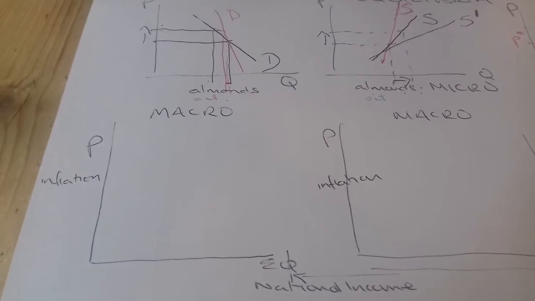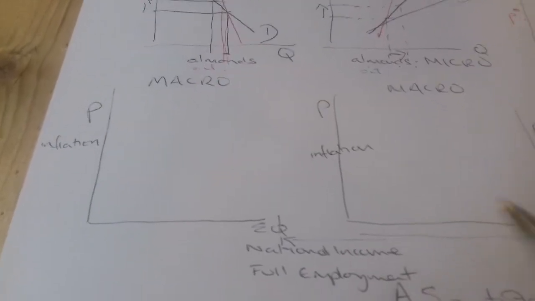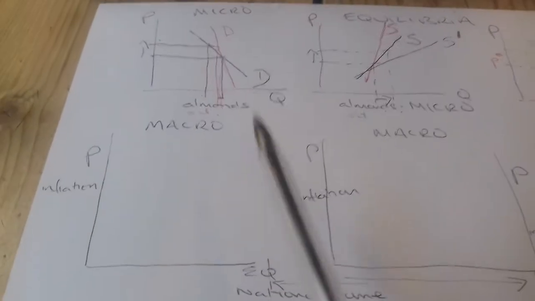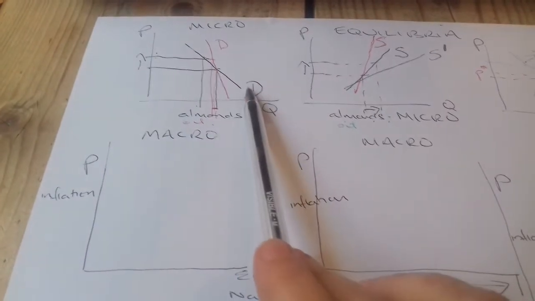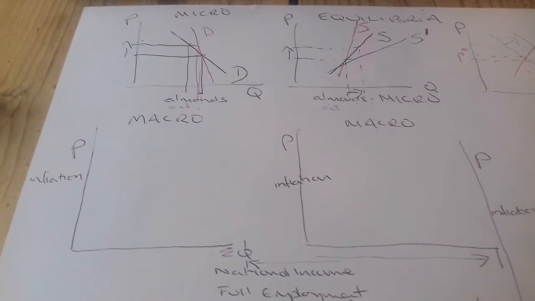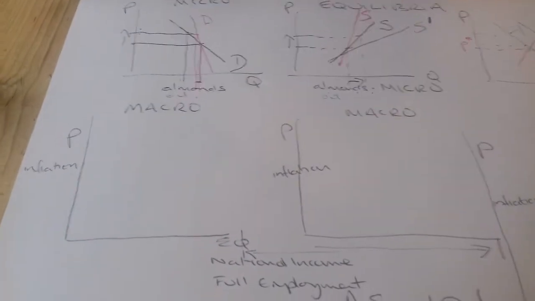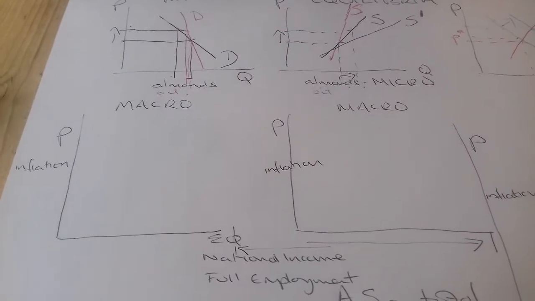We took a similar approach to our macroeconomic analysis. So we can reproduce an aggregate demand curve in a similar way to the demand curve in the microeconomic environment. We're looking at demand for all products across all consumers within any one given economy, so any particular country.